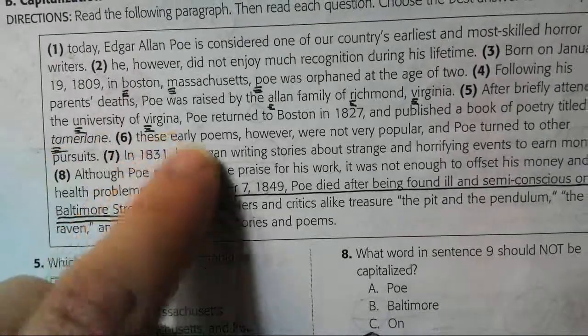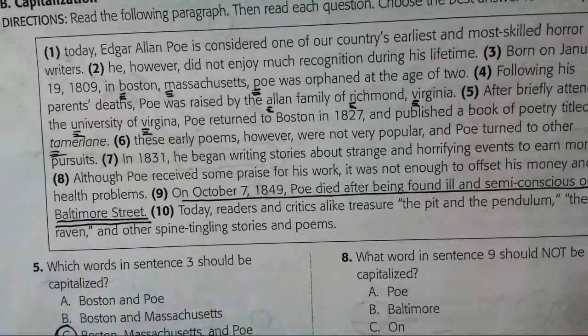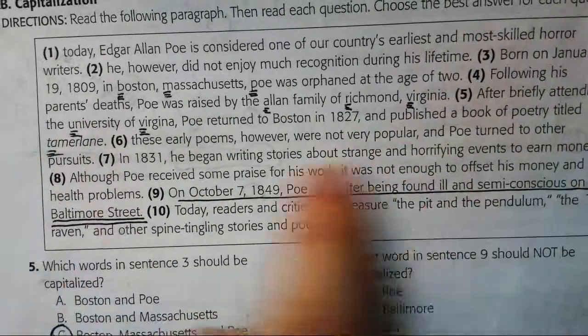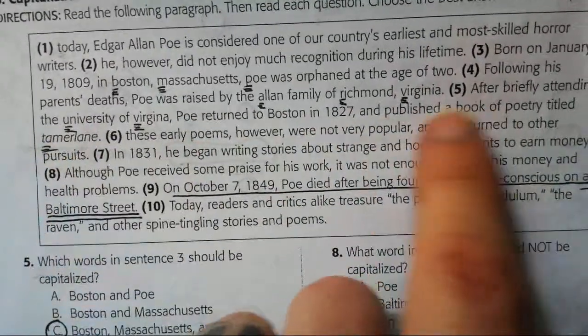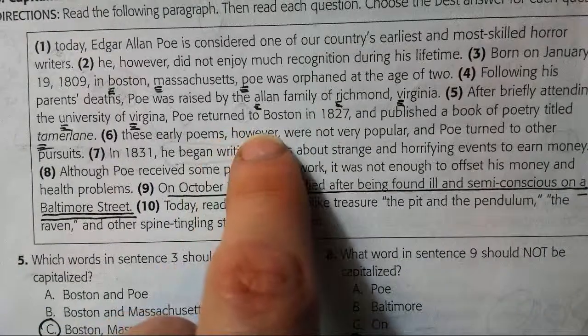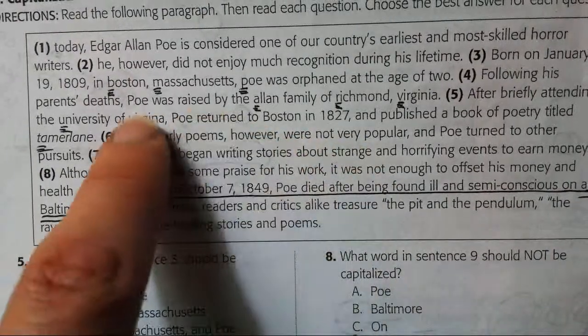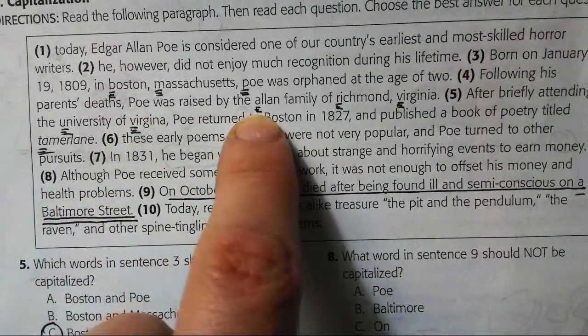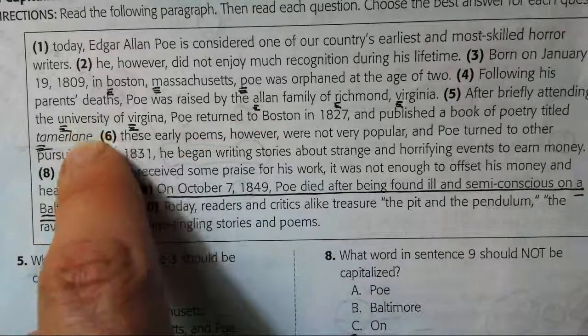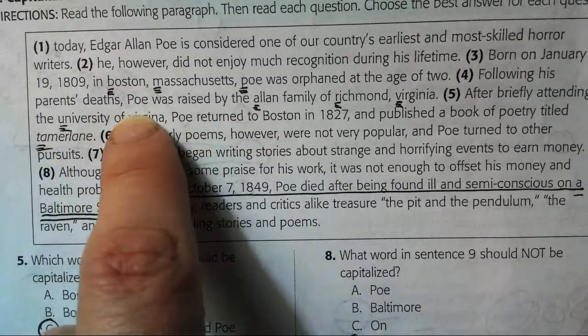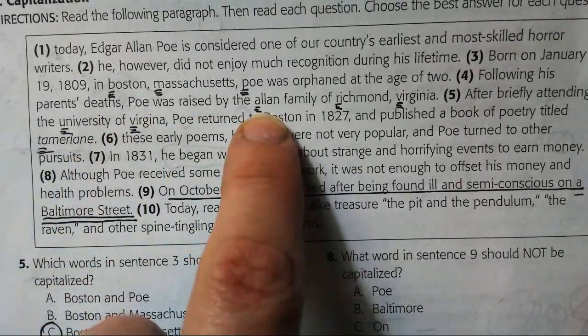But here, University. Okay, Poe's already capitalized, and then Allen family, right? Where is it? Allen, right there. Okay. So, University of Virginia and Allen.